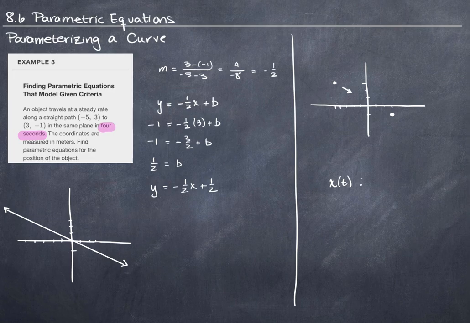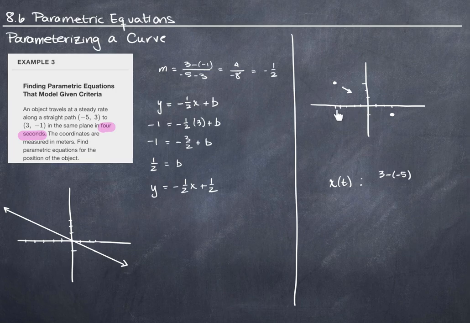So we're going to be traveling from -5 to 3, and one way to determine what that distance is, you start at the end and subtract the first number. So 3 minus -5 meters, because we're told that the coordinates are measured in meters.